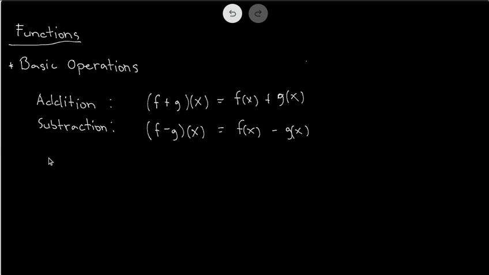Okay, then we have multiplication. So we have f dot g, no? So kapag dot, di ba, multiplication yan sa algebra nyo. So f dot g of x is now equal to f of x dot g of x.